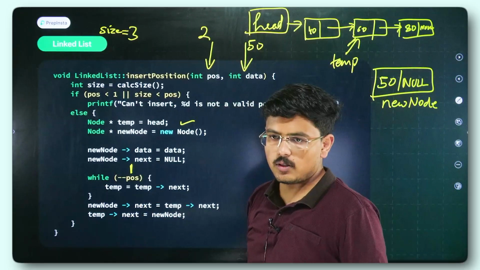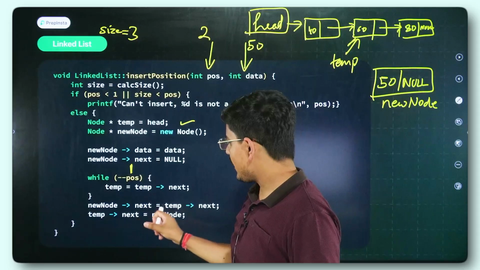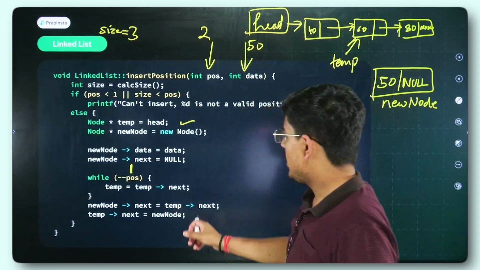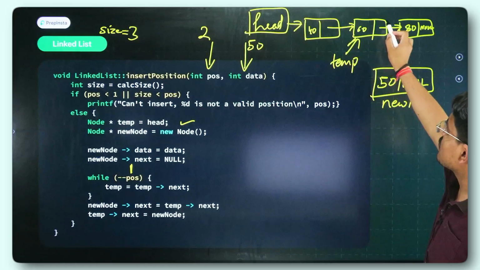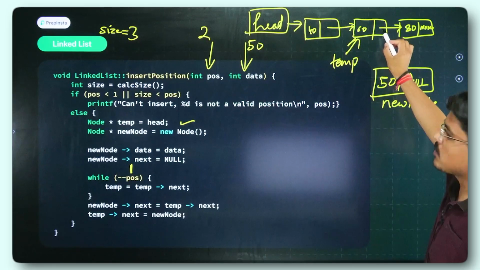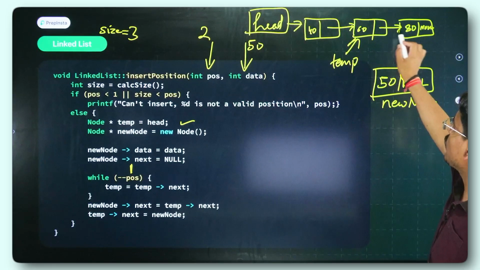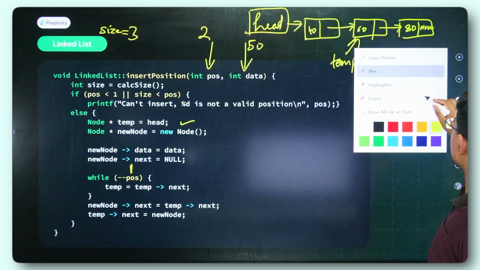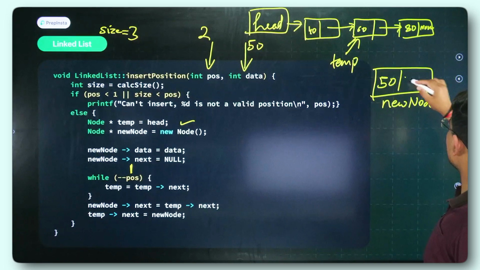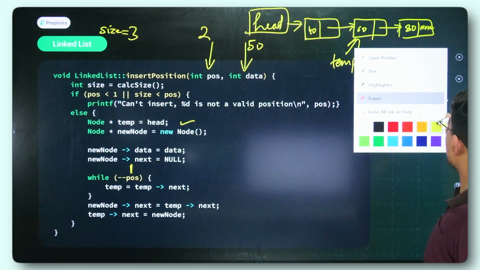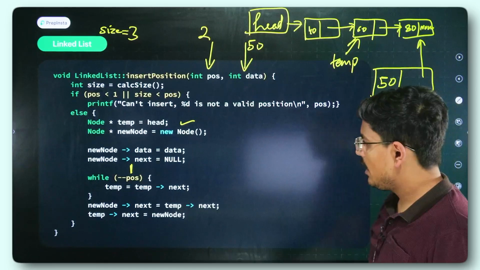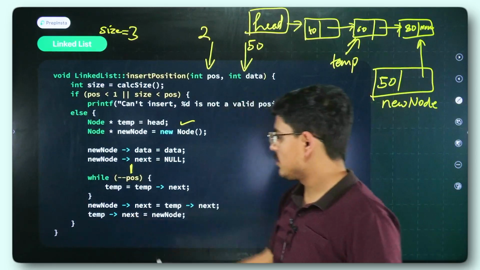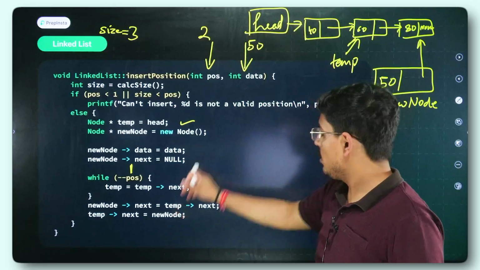When it is pointing to this node, what will happen? The new node that you are having, the next portion of it, is equal to temp of next. So the temp of next is right now this pointer portion which is pointing to the last node. Here this null will actually have the value of this pointer, so it starts pointing to this node, right? And the temp of next starts pointing to the new node.